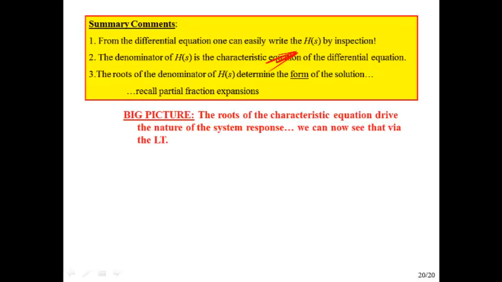So big picture, the roots of the characteristic polynomial drive the nature of the system response, and the Laplace transform really gives us the insight to be able to see that.